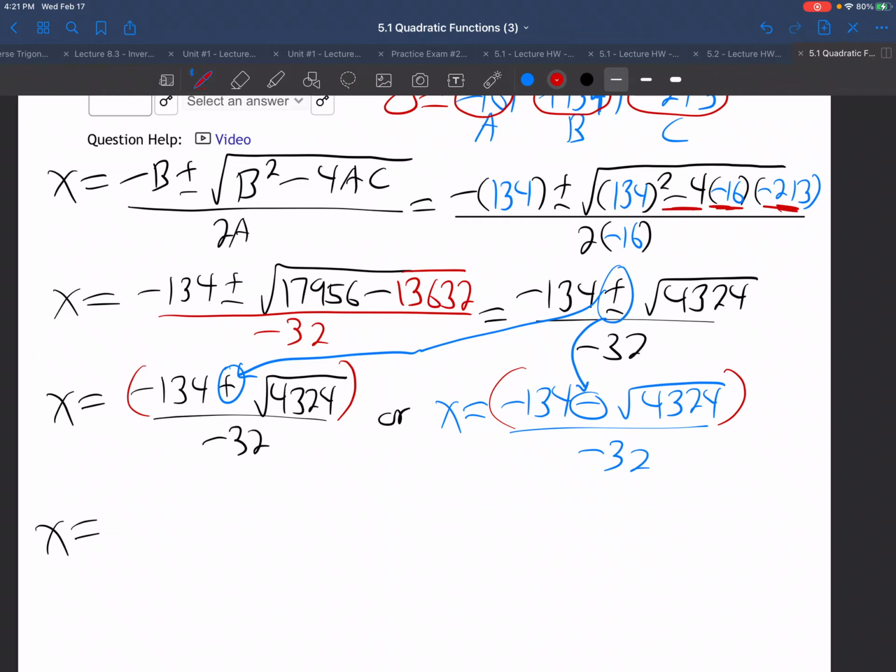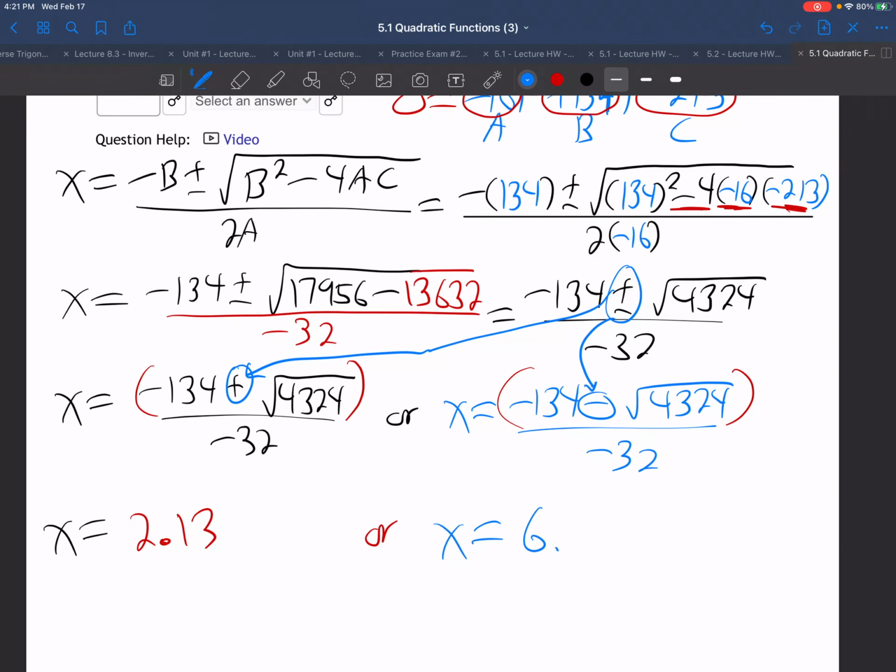I'm getting 2.13 over here. And here I'm getting 6.24. They want them both rounded to two places. So there's our two answers.